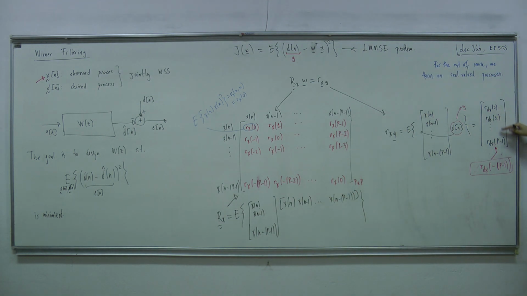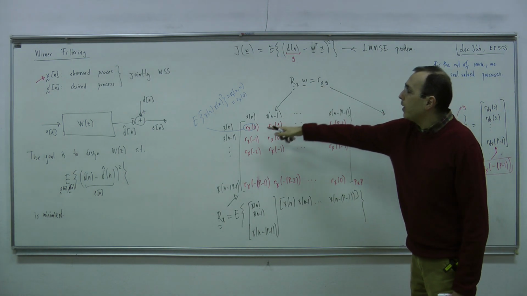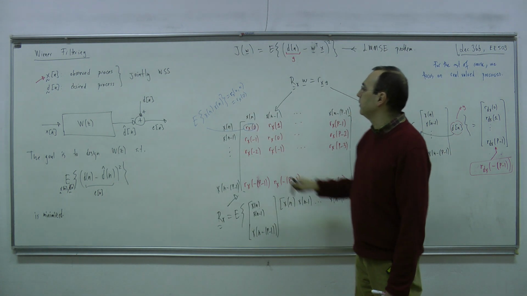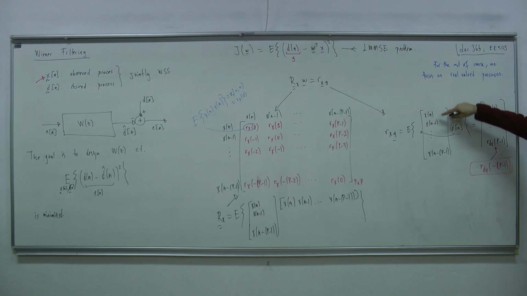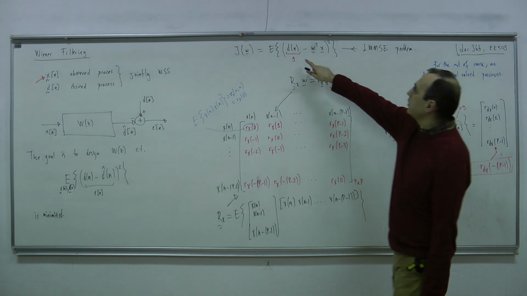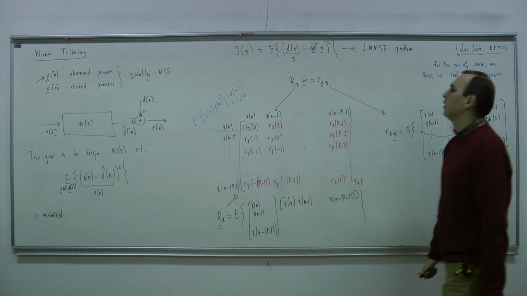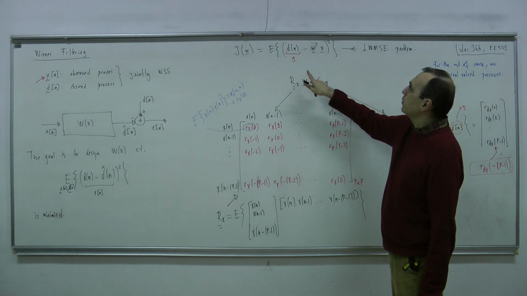Over here, do you see any n? Because of wide-sense stationarity, it depends only on the difference of these two arguments, not on n. So these optimal filter coefficients, the linear combination coefficients W, do not change with n.